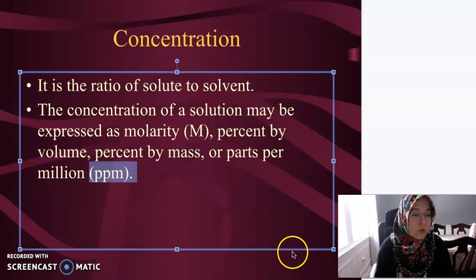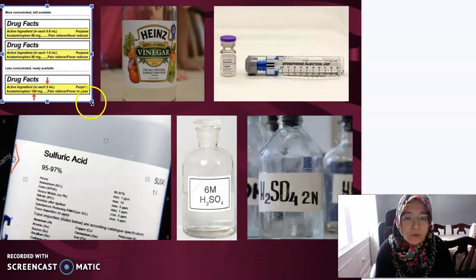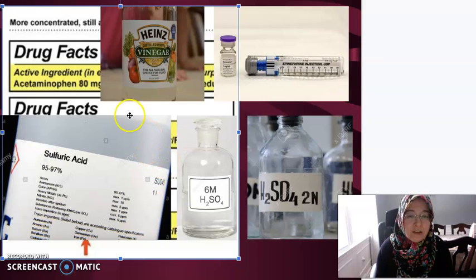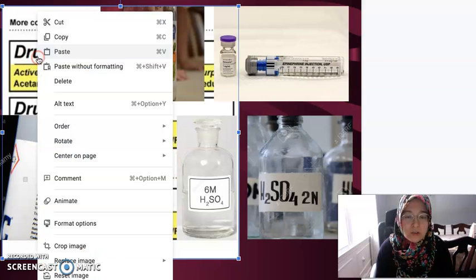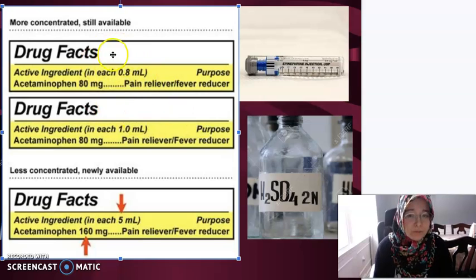So that is how we talk about concentration when we prepare solutions. I'm going to show you some examples here. For example, if you buy a painkiller, look at these ingredients. Active ingredient: if you take this amount of milliliter, it's going to be 80 milligram.